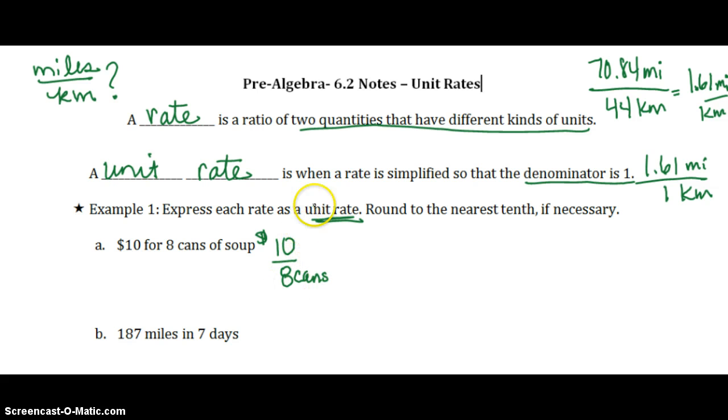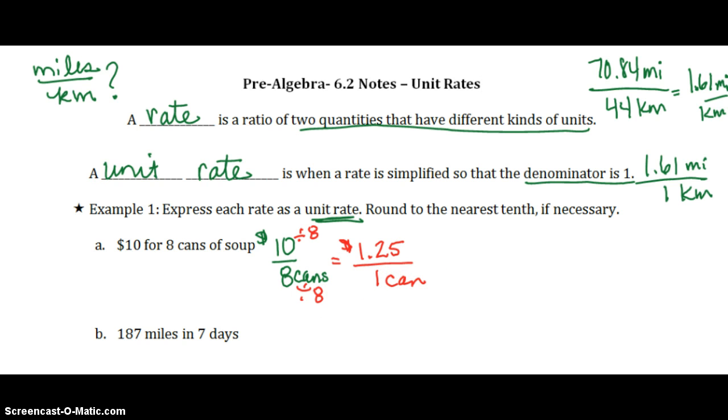So in order to do that, I'll need to divide the top and the bottom by 8, because 8 divided by 8 equals 1. So how much is 1 can of soup? Well, 10 divided by 8 gives us 1.25, and since we're talking about money, it's $1.25 per can of soup.